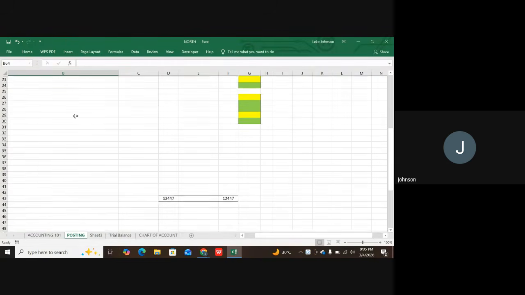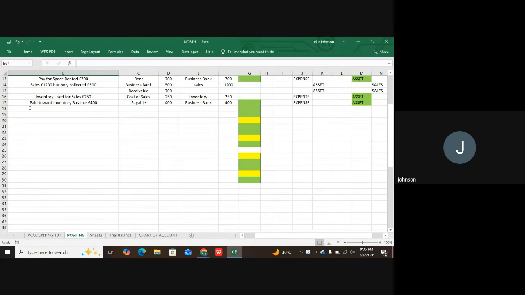So for your invoice, you know that sales was made, and in brackets they say net 30. So tell me, how do we treat this one now?